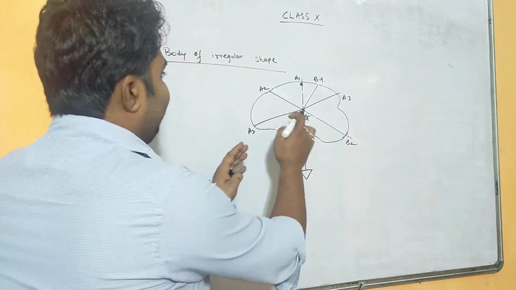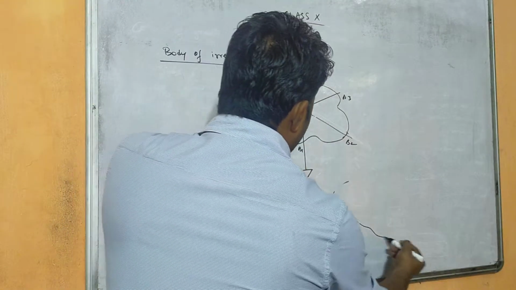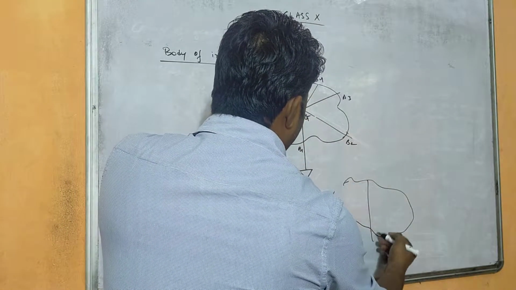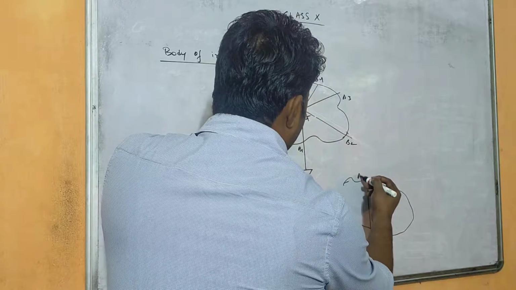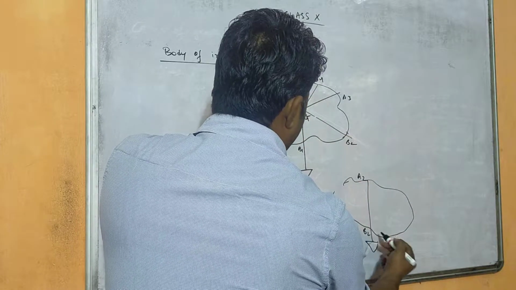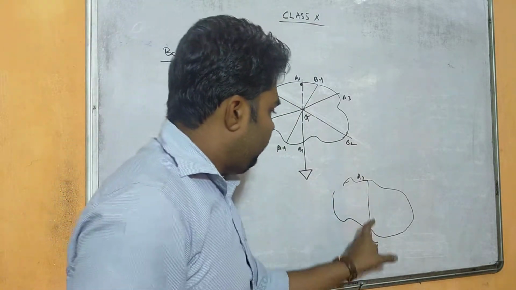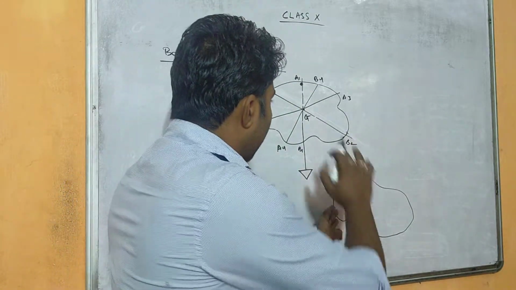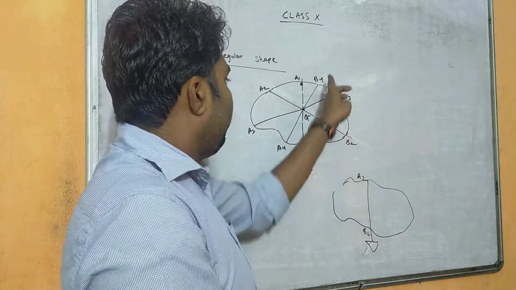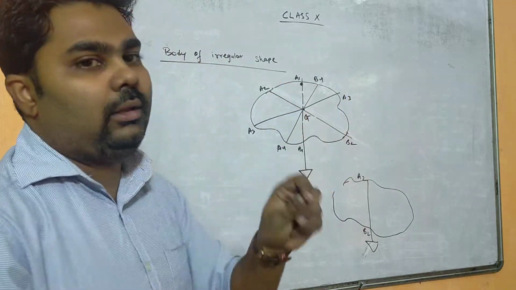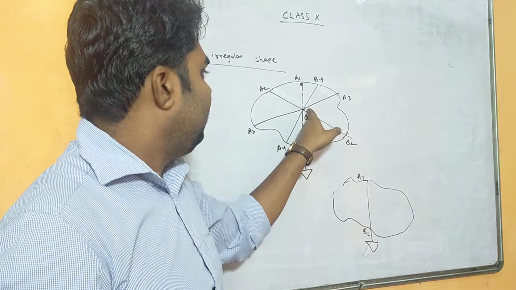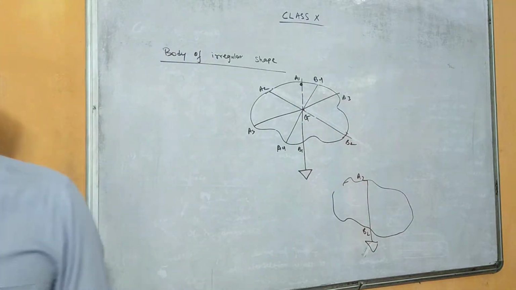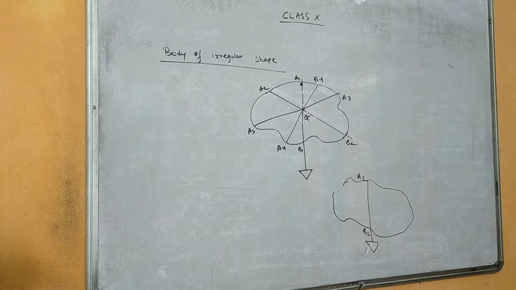It will be seen in the second diagram as A2 B2. Similarly we rotate again and get A3 B3. At the point where all the axes intersect, that point is said to be the center of gravity.